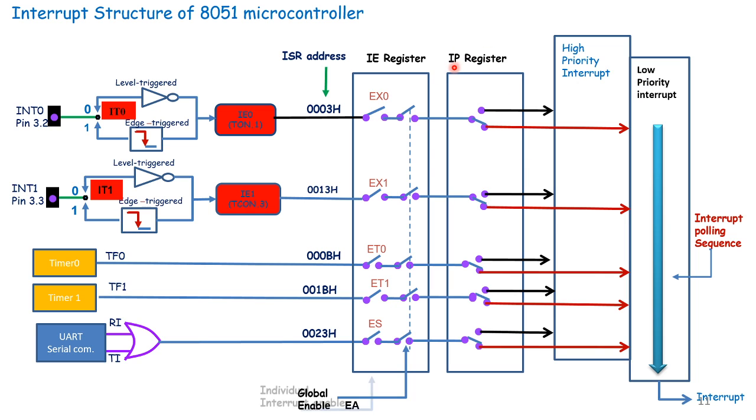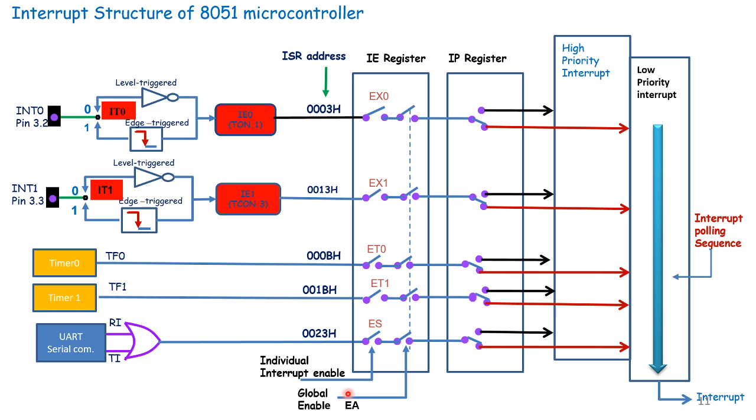So when EA is equal to 1, then individual interrupts are enabled by using EX0, EX1, ET0, ET1, and ES in the interrupt enable register. In this way the interrupt gets selected.